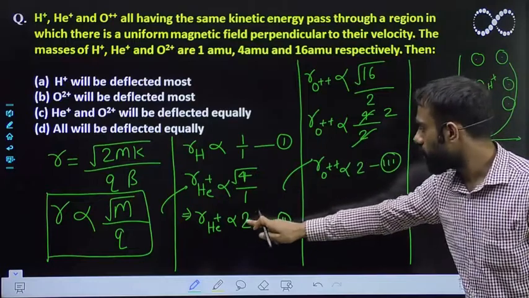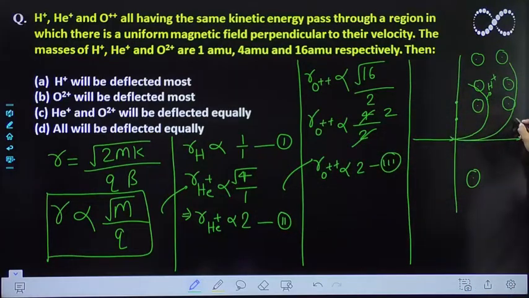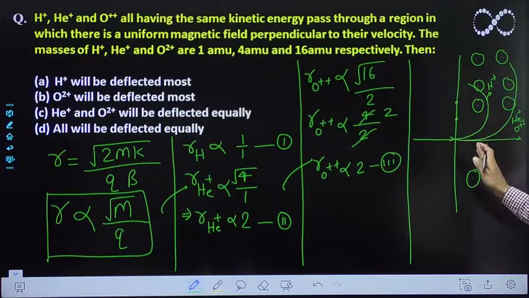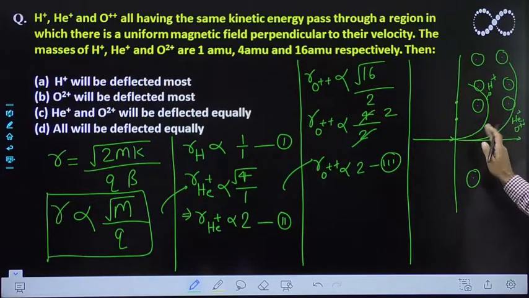This is the path of helium and oxygen. Now you can easily see from the figure that helium and oxygen are getting deflected less. This is the angle. Suppose this is alpha and this angle is beta, so obviously alpha is less than beta, so helium and oxygen are getting less deflected.